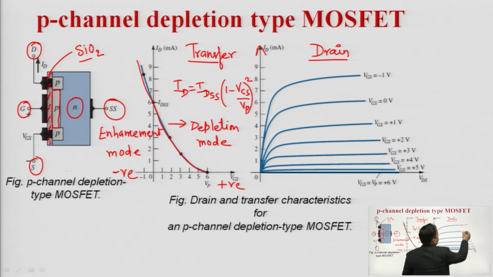Again, if we see the drain characteristics, we can clearly see that for VGS equal to 0, this is the curve, and when VGS is negative, then we will be having the enhancement.